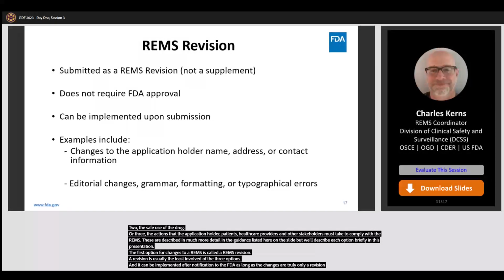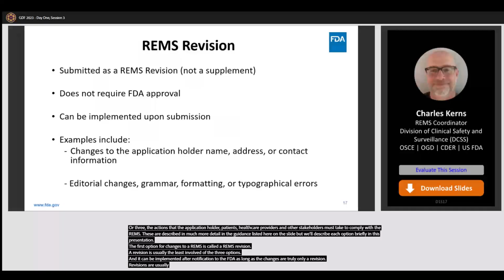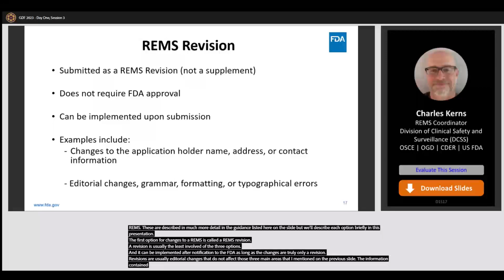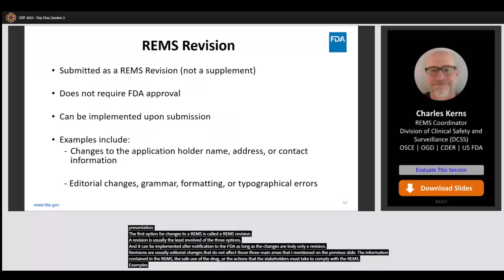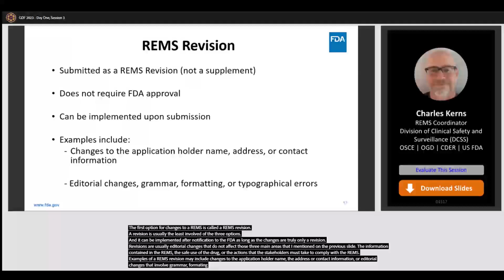Revisions are usually editorial changes that do not affect those three main areas that I mentioned on the previous slide: the information contained in the REMS, the safe use of the drug, or the actions that the stakeholders must take to comply with the REMS. Examples of a REMS revision may include changes to the application holder name, the address or contact information, or editorial changes that involve grammar, formatting, or typographical errors.